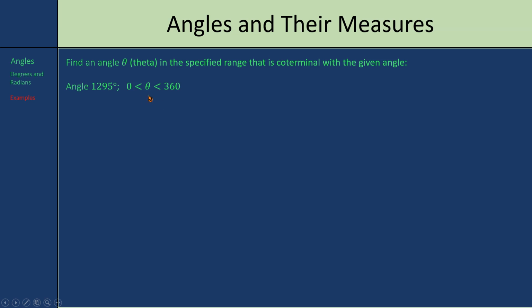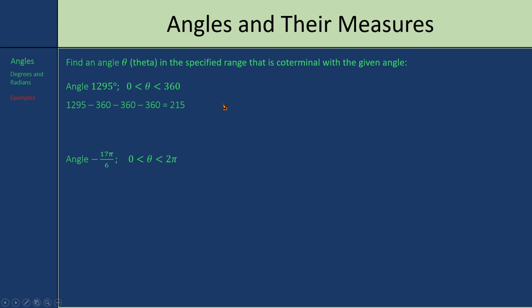So you want smaller, right? You're going to go down from 1200 down to 360. So you've got to subtract 360, and you subtract it a bunch of times until your answer is within that range. So in this case, I need to do it 3 times, and I get 215. And that is coterminal to this in this range.